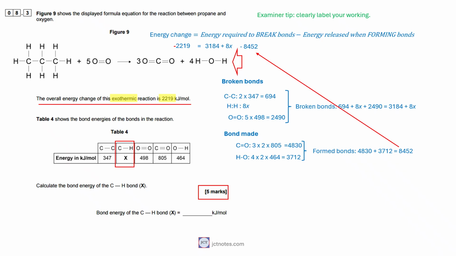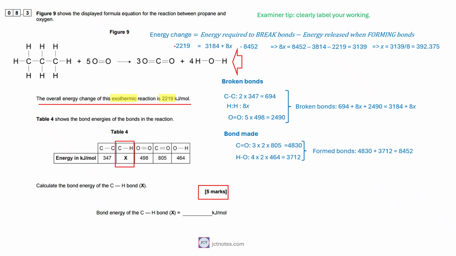Now, we just use basic algebra to solve for x. If we rearrange to find the value of 8x, we get that 8x is equal to 8,542 minus 3,184 minus 2,219. This simplifies to 8x equals 3139. Finding this value earns you the fourth mark.